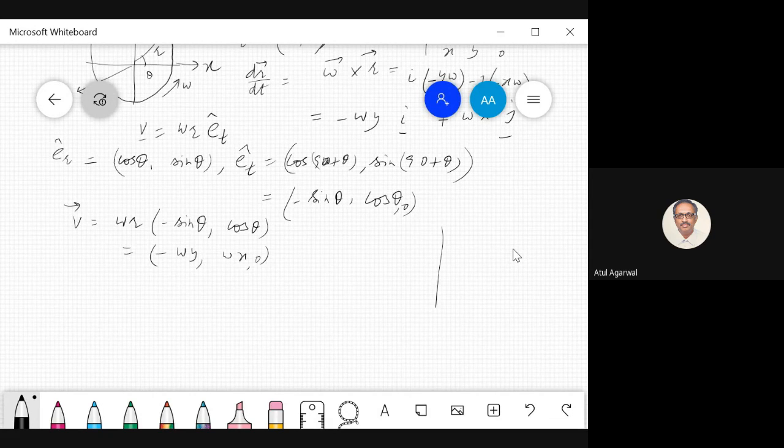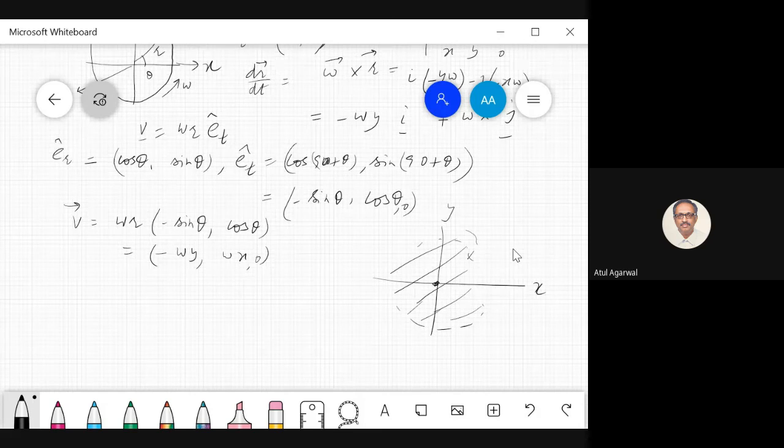Now instead of a particle going around in a circle, you assume it is a full body. It is rotating about the z axis. So any particle in space will acquire the velocity of this description. You've got different positions, so they'll have velocities corresponding to this.